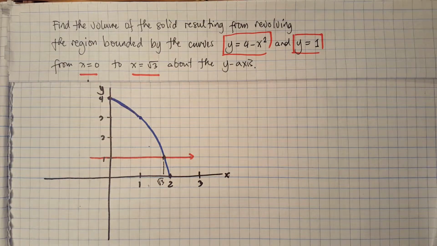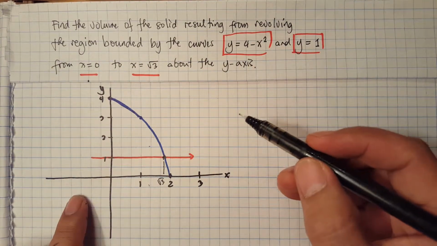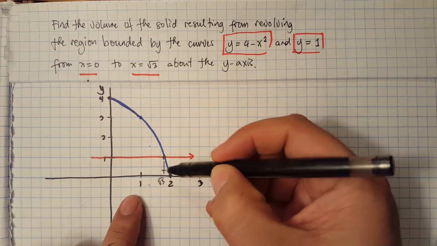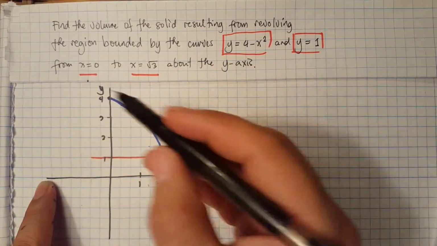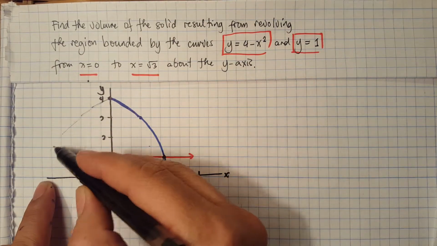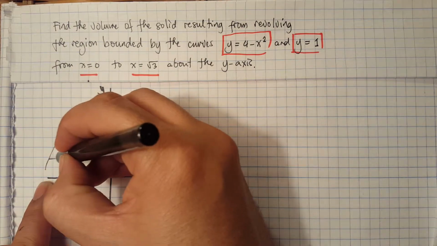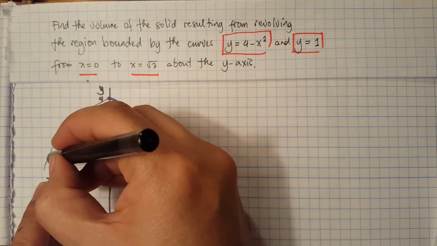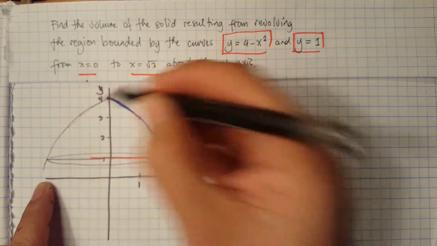So we should have something like this. Let me just estimate this. 1, 2, 3, 4, 5, 6. So somewhere here. We have this region up here. I'm only looking at this right here, revolving it with respect to the y-axis.